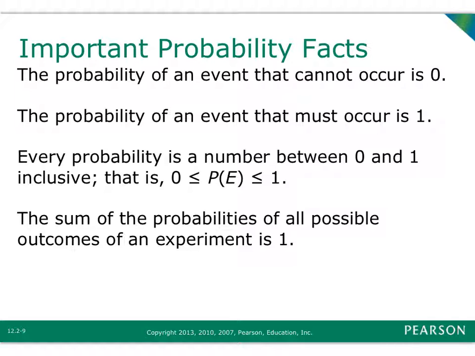That is, for any event, the probability is between 0 and 1. The sum of the probabilities of all possible outcomes of an experiment is 1. These are the two rules of probability, and we talked about them in class.